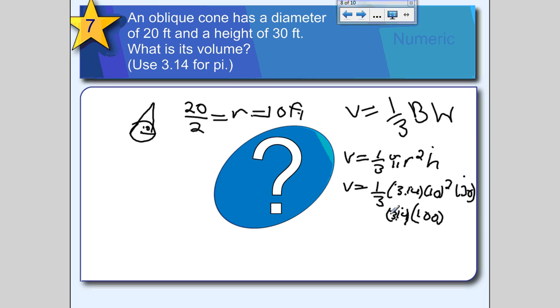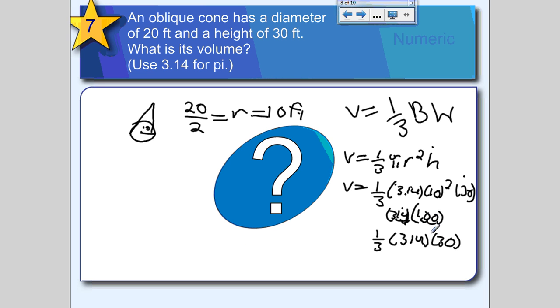100 times 3.14, we got 2 zeros, so it makes it 314. So we got 1/3 times 314 times 30. Go ahead and divide that by, no, let's wait, we didn't do it to the end.